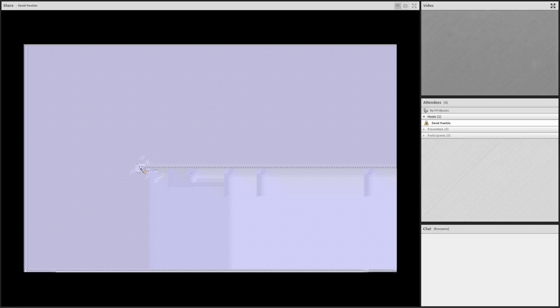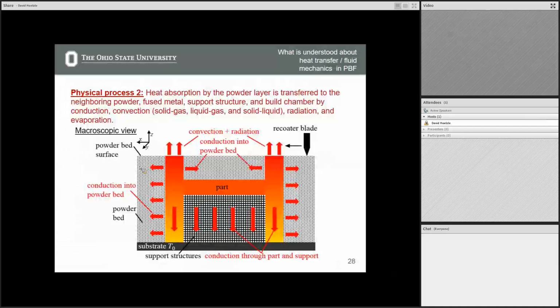Okay, so that's basically how energy gets into the system. The next thing to consider is what happens when it is in the system. So this is fairly complex, so I'll go through this slowly. Please stop me if you have any questions on this. So we already know that heat is absorbed by the powder layer, right?